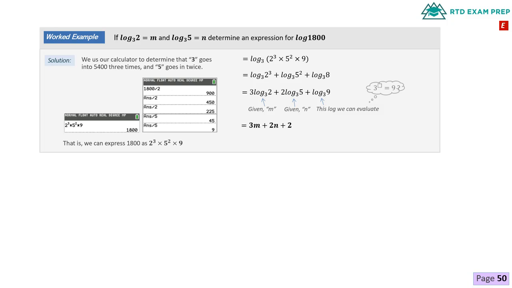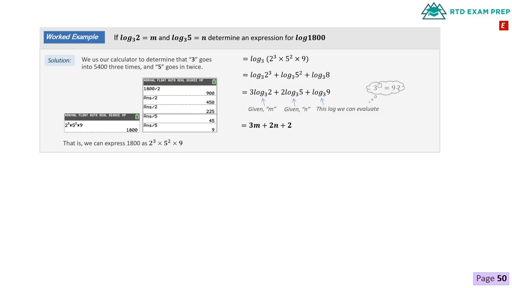And so we rewrite 1800 as this factorization. So log base 3 of 2 cubed times 5 squared times 9, which we then separate into 3 separate logarithmic terms. Log base 3 of 2 cubed plus log base 3 of 5 squared plus log base 3 of 9.